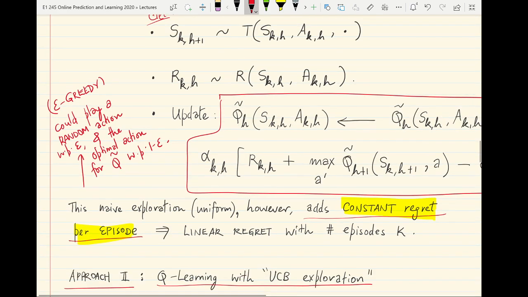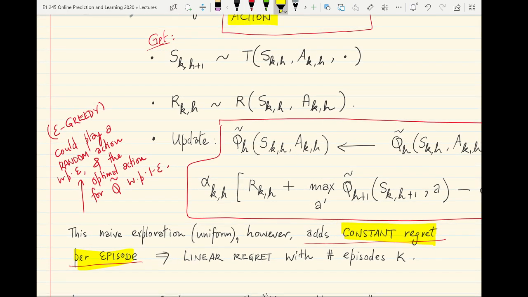But this will still give you a linear regret because of the constant rate at which you are playing random actions. So with probability epsilon, you may not play the optimal policy in each round, and that will lead to a linearly growing regret with each time.